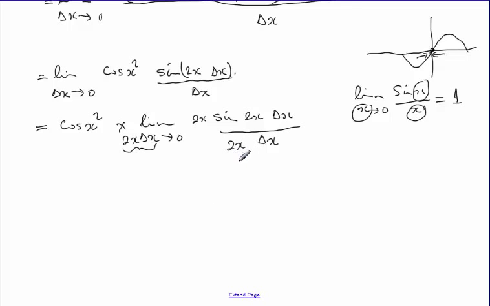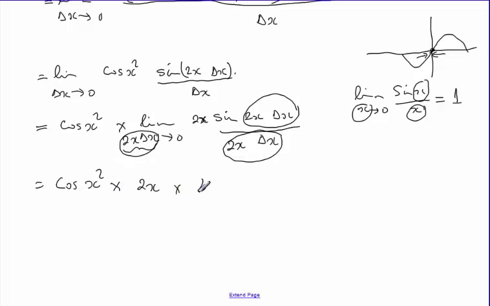So when it's looking like this now, what is sitting here is sitting there. I need to rewrite this nicely. The only thing now which is the problem is this 2x. What can I do? 2x does not depend on Δx. So the next thing I'm going to write here is cosine x squared multiplied by 2x multiplied by this limit.